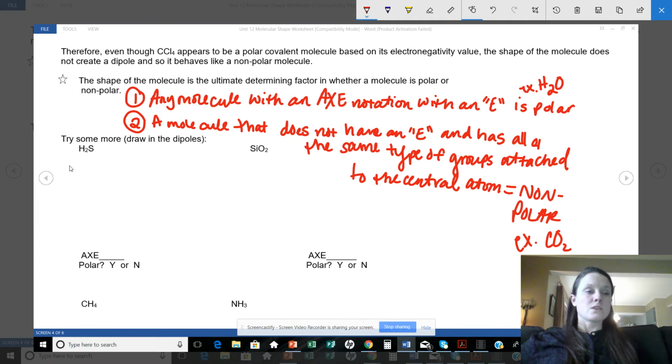Okay, so total valence electrons here, hydrogen has 1, so we have 2 total valence electrons from our hydrogen atoms. Sulfur has 6, which gives us a total valence count of 8. I'm going to draw in my skeletal structure here.